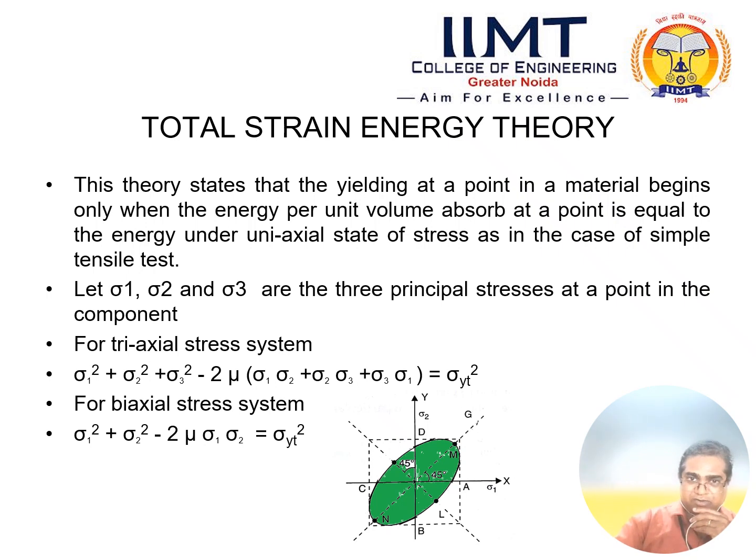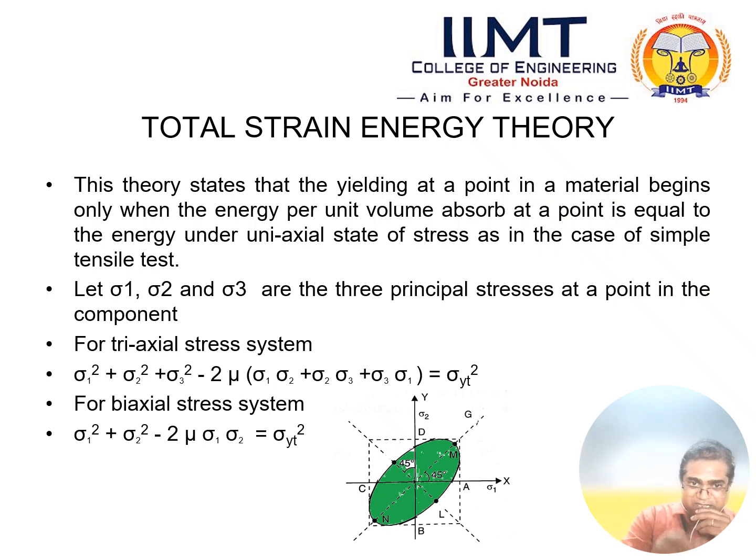We can get the total strain energy, or the yield strength, or ultimate tensile strength, or fracture strength. When we use that material for a particular component, whatever forces act on the component, we can calculate the principal stresses sigma 1, sigma 2 and sigma 3, and with their help we can find the result.